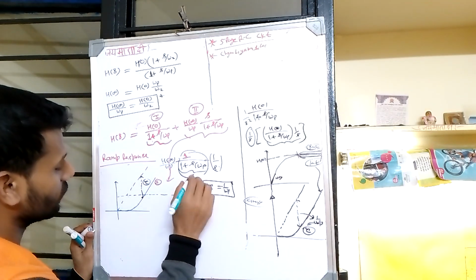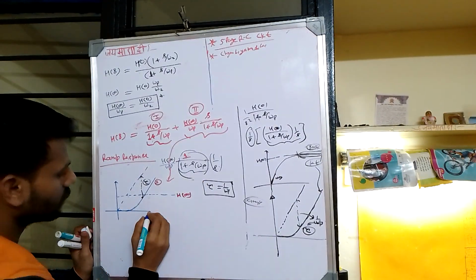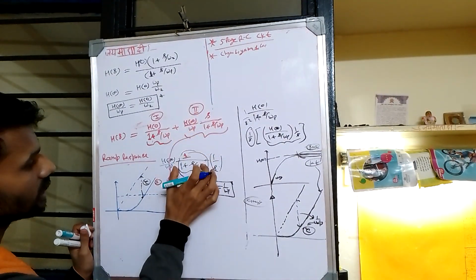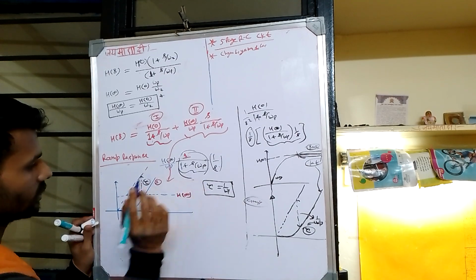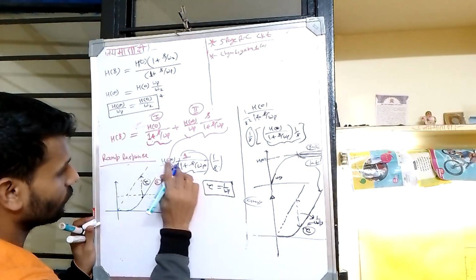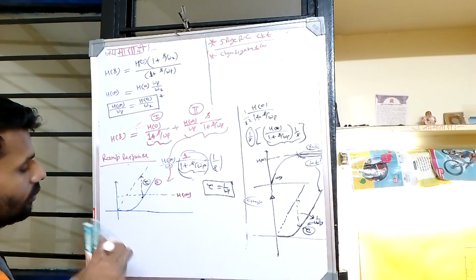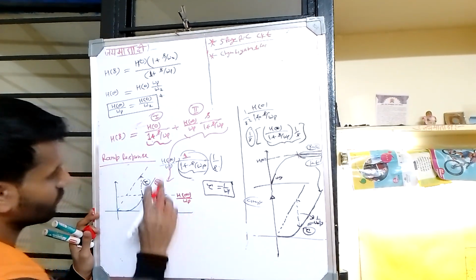For this transfer function, the ramp response will be the step response for this transfer function. Okay, so the step response for this transfer function is h of infinity upon omega p, because the final value for this is h of infinity upon omega p.